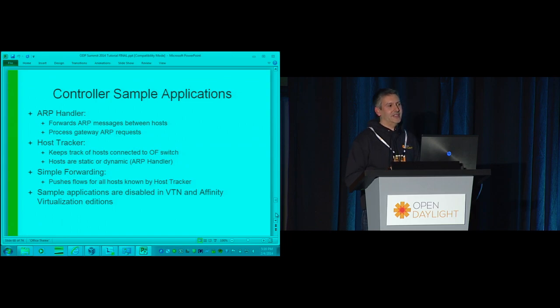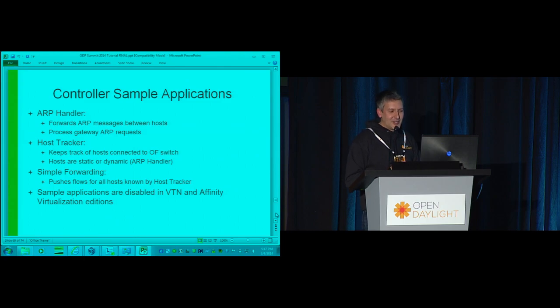Because when there is some unknown packet in the OpenFlow switch, it's going to be sent to the controller. And in this case, the ARP application is going to forward this to the rest of the hosts in the network. Then you're going to get ARP answers, and these are also forwarded back to the host. So all that ARP handling is happening automatically in OpenDaylight.